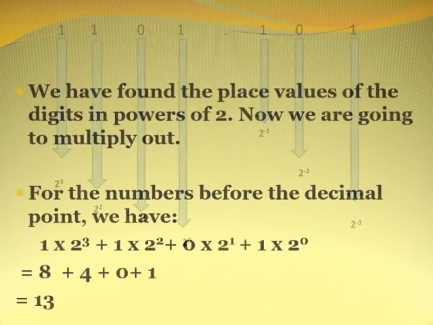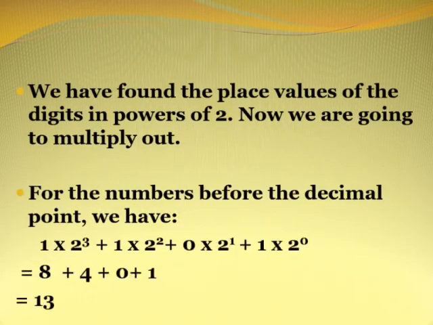We have found the place values of the digits in powers of 2. Now we are going to multiply out. For the numbers before the decimal point, we have 1 times 2 raised to the power 3 plus 1 times 2 raised to the power 2 plus 0 times 2 raised to the power 1 plus 1 times 2 raised to the power 0. This will give us 8 plus 4 plus 0 plus 1. This will give us 13.